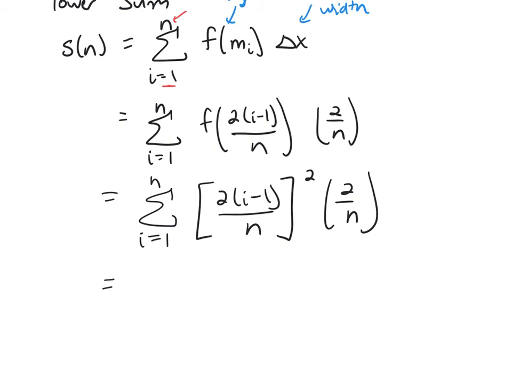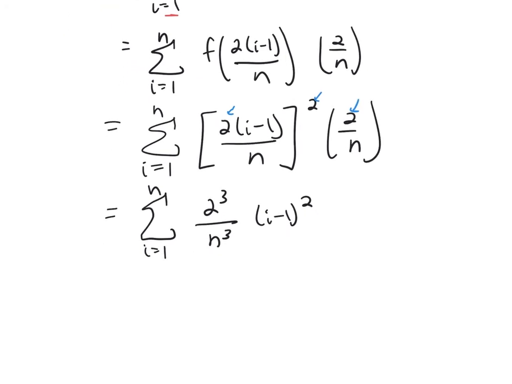So if I look here, I have a 2 that's squared and another 2 that's going to be 2 cubed. The same thing for n, it'll be n cubed in the denominator, and you have an (i minus 1) squared. Now all of this in the front, this is a constant.